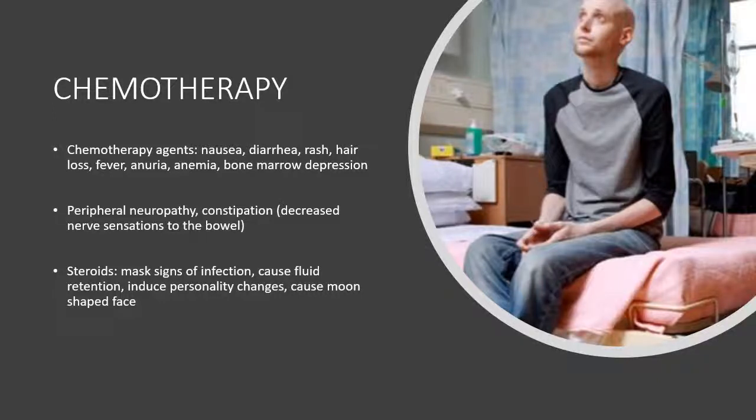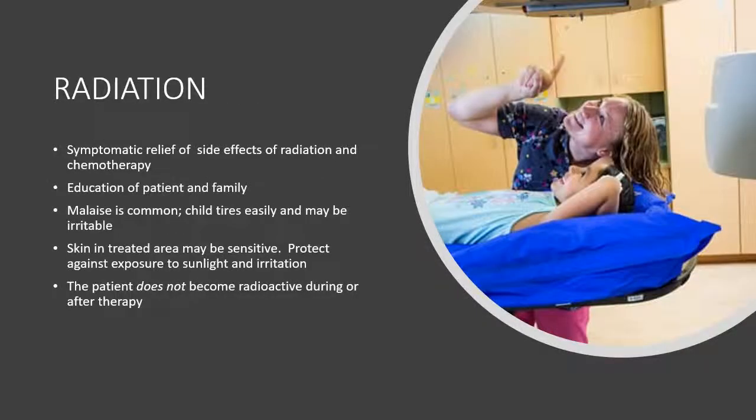It's important that you educate about side effects and management of the side effects of chemotherapy for both the patient and the parents. For radiation, symptomatic relief of side effects of radiation and chemotherapy is probably the most important piece.